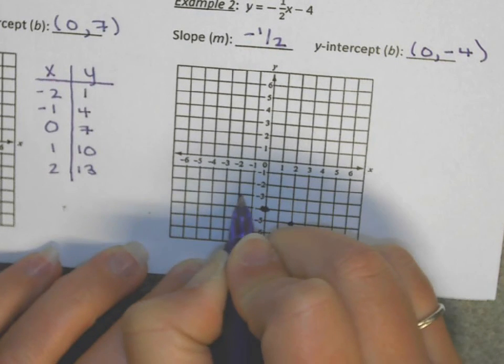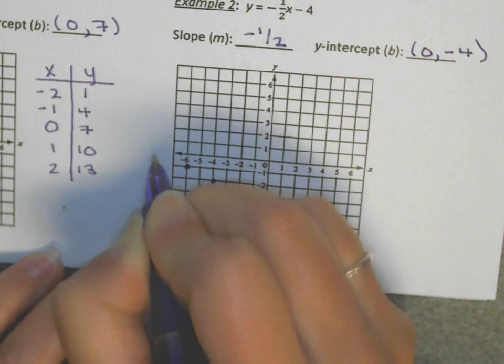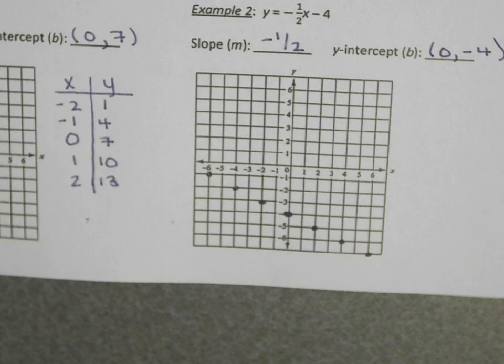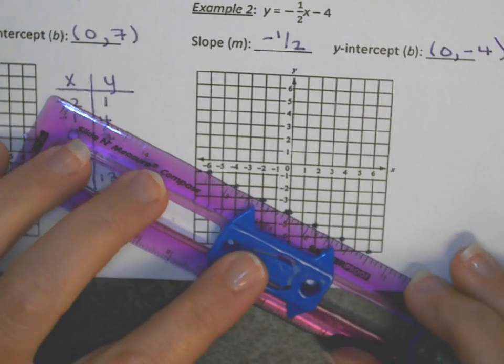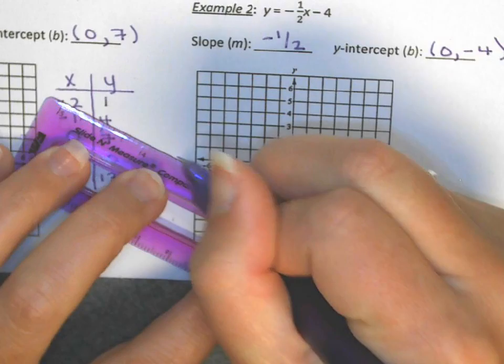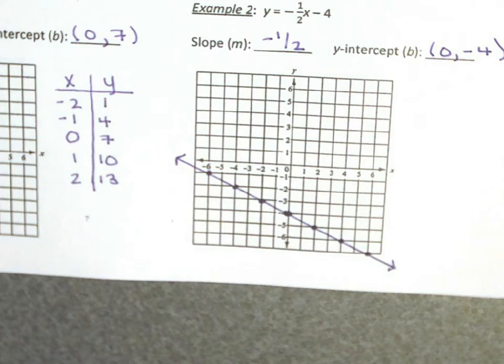Up 1, left 2. Good. And that one would be off. Once I have all my points there, I'm going to use my straight edge and connect all those points. I'm going to make sure I put arrows in both directions because I know that line goes on forever.